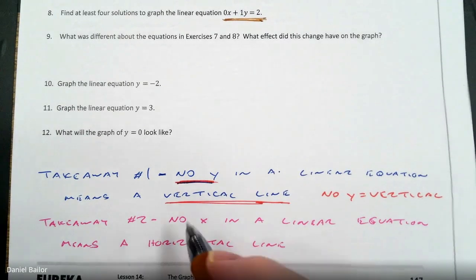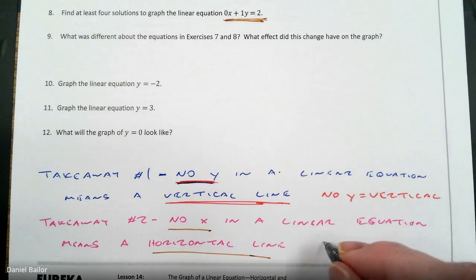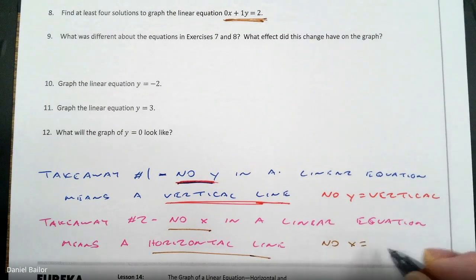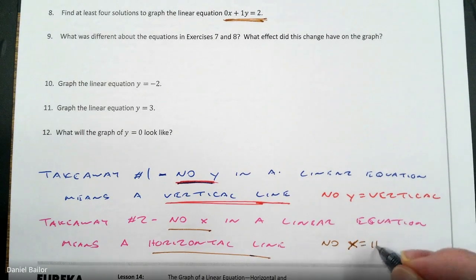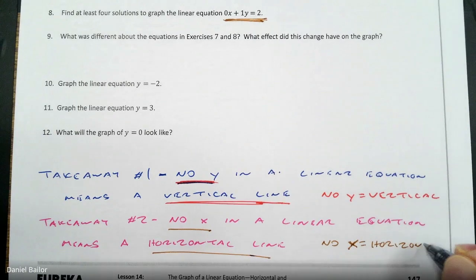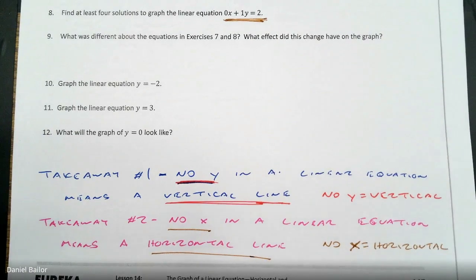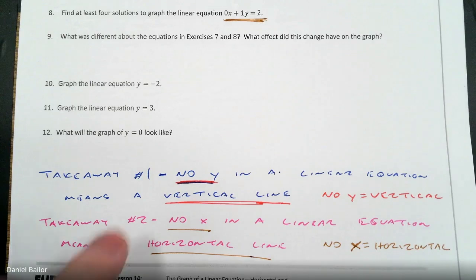No x equals horizontal. We got 2 takeaways in this lesson. Make sure you have both written down. Pause the video if you need to copy them down. No y means vertical, no x means horizontal.